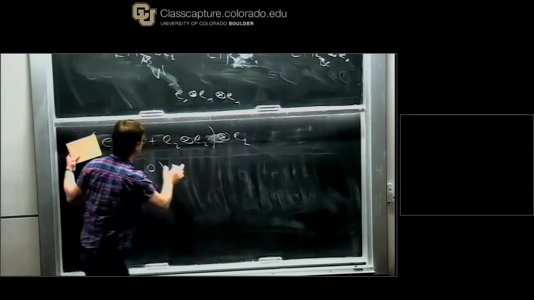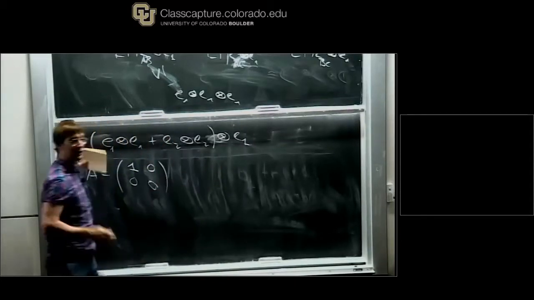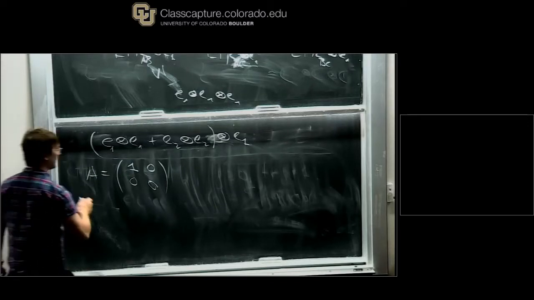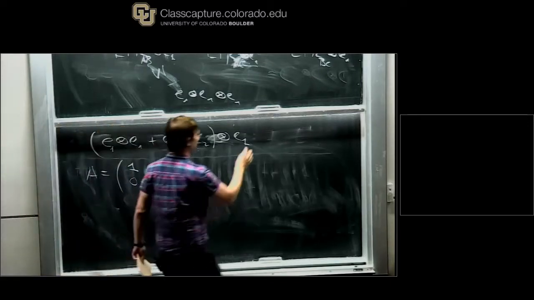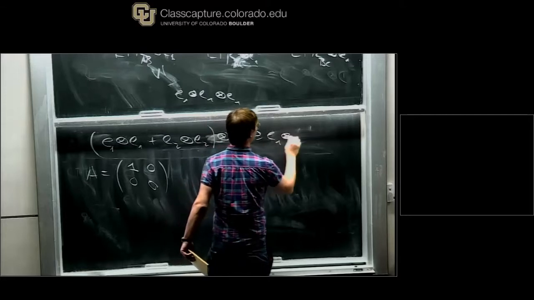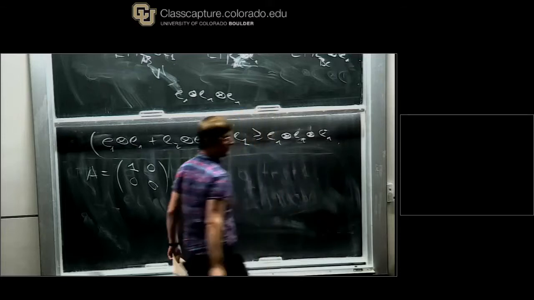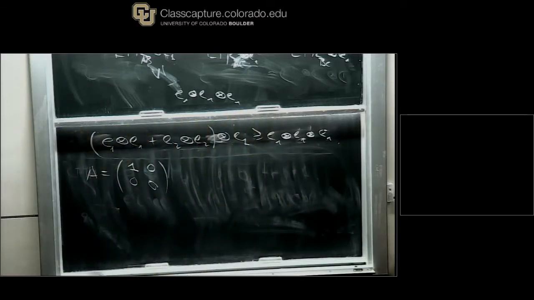All we need to do is kill the E2. So our linear map just sends E2 to 0, and it leaves E1 untouched. And with this map, you implement this relation, and E1 tensor E1 tensor E1, you end up with this. Is this clear to everyone? Do ask if it's not clear.